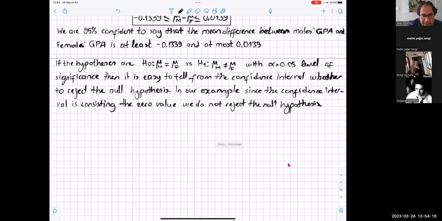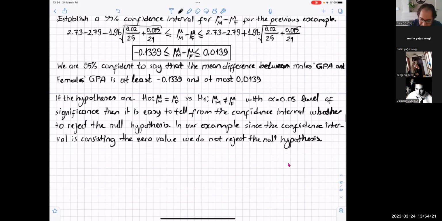Okay, so it's easy. If you have the confidence interval already calculated, you just look at the lower bound and the upper bound. If the lower bound is negative and the upper bound is positive, you do not reject the null hypothesis. But if you have a negative lower bound and a negative upper bound, the zero value will not be included within the interval, and you do reject the null hypothesis.